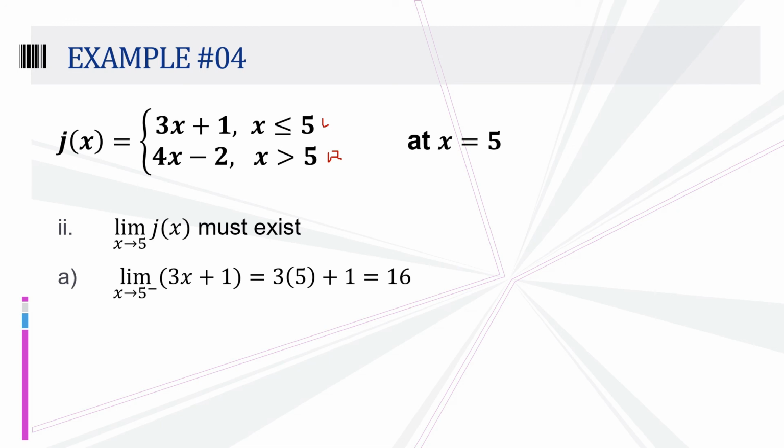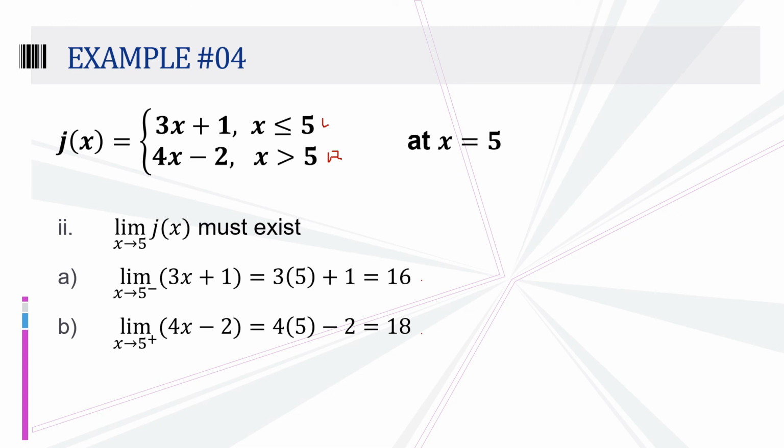The limit of 3x plus 1 as x approaches 5 from the left, okay, kasi ito yung less than, that is just equal to, by direct substitution, 3 times 5 plus 1 equals 16. Okay? On the other hand, the limit naman of 4x minus 2 as x approaches 5 from the right, kasi ito yung greater than, by direct substitution, that is 4 times 5 minus 2, that is equal to 18.